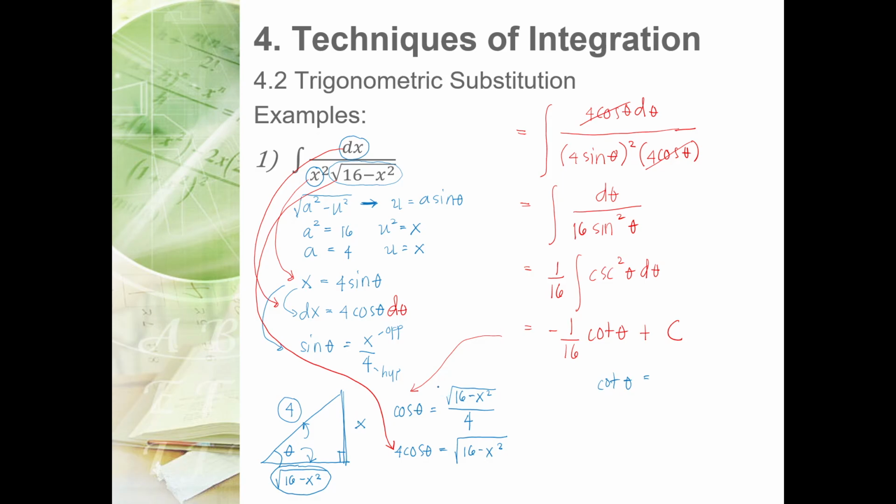Cotangent is the adjacent side over the opposite side. So this is the square root of 16 minus x squared, all over x.